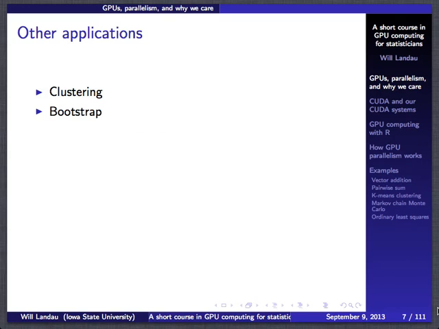There's Bootstrap. The thing about Bootstrap and about MCMC is it uses a lot of random number generation. You're going to want to generate random numbers fast, a lot of them. And there's this library in NVIDIA's toolkit. So NVIDIA is a company that makes a lot of GPUs. It's one of the predominant GPU retailers in terms of hardware, and it has a lot of software libraries for GPUs.